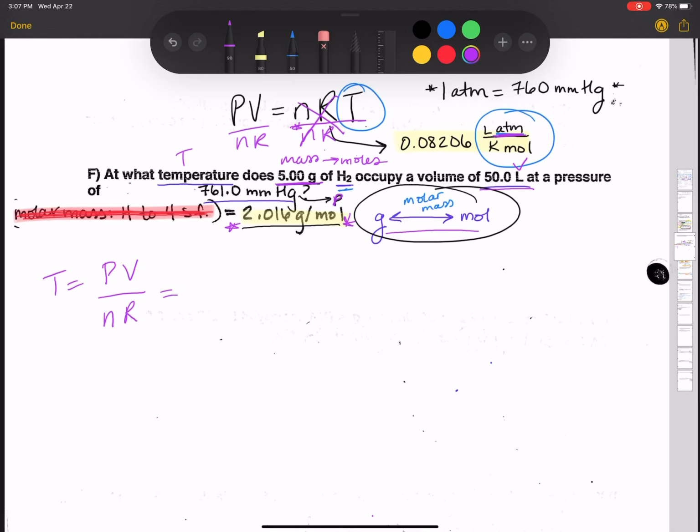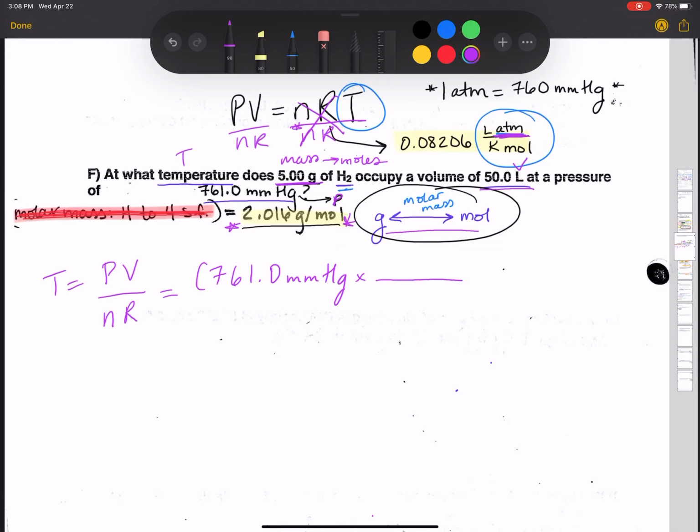My pressure that was given to me in the question is 761.0 millimeters mercury. I can't just leave it there and move on to volume, because millimeters mercury is not going to cancel out with units of atm in my R value. So I need to do a quick conversion right here in the formula.